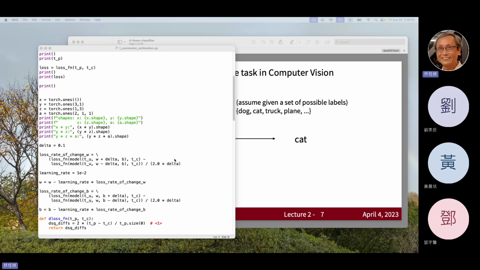Initially, the loss function, you may be lucky, you may not be so lucky, because it's just initially randomly generated times some value. And then there is a delta which is defined.